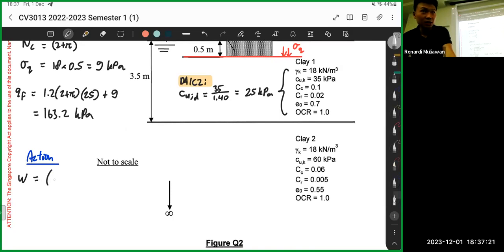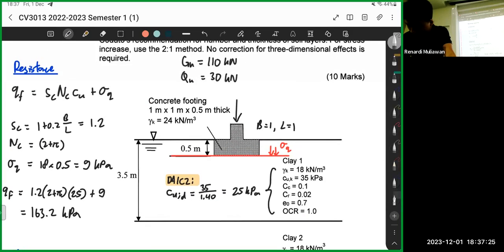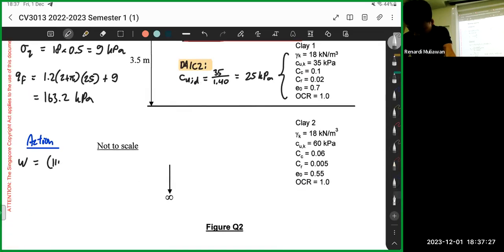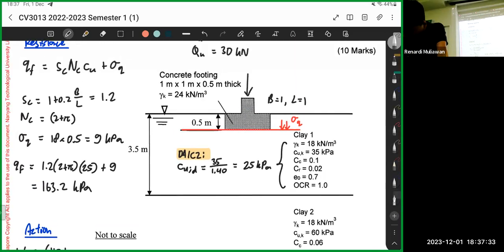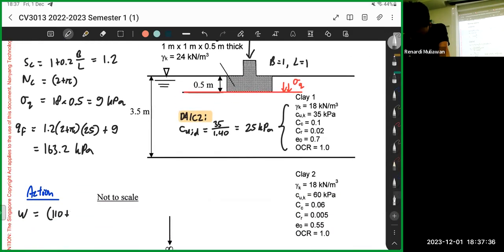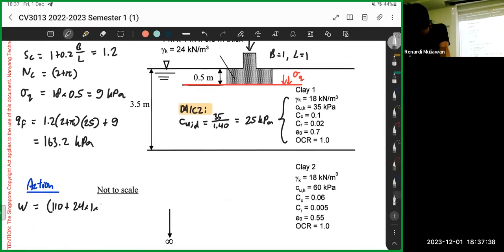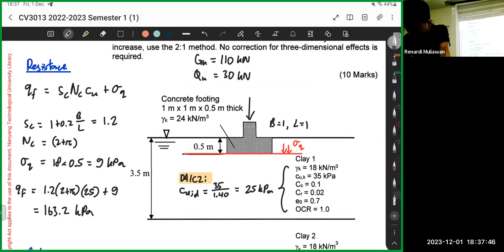Your permanent action factor is 1. So it's only 110 plus your footing weight. So that's 24 times 1 times 1 times 0.5, plus 1.3 times the variable action, which is 30.